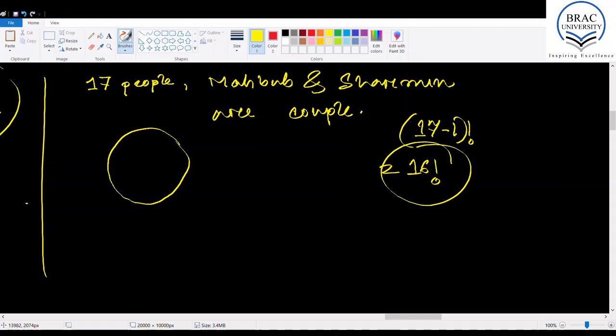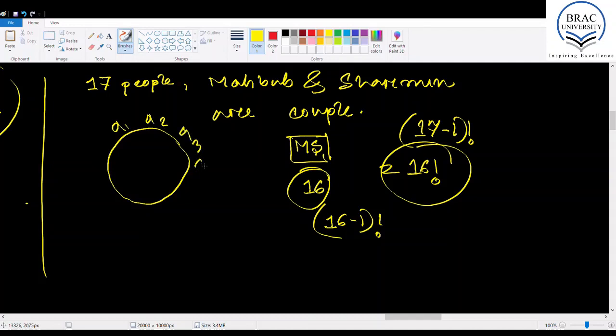Okay, then we can say that Mahbub and Sharmin, these two elements, make 1. So now there are total 16 elements, and according to the rule of circular permutation, they can be arranged around a circular table in 16 minus 1 factorial ways, right? And as we can see here, say there are a1, a2, a3, a4, and it will go like this, and at last there is MS, one element here, right?